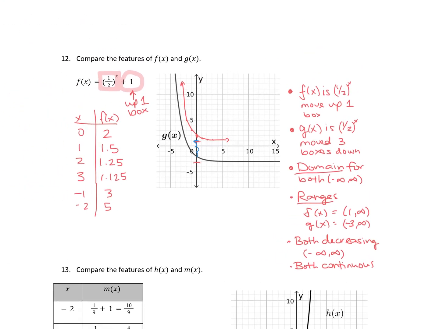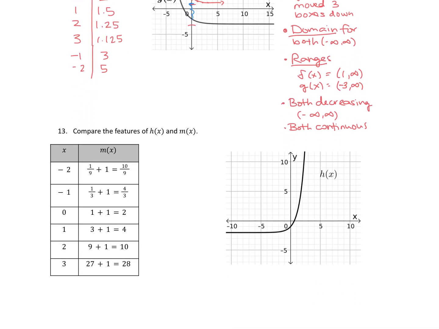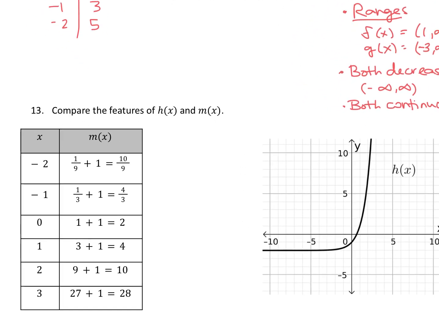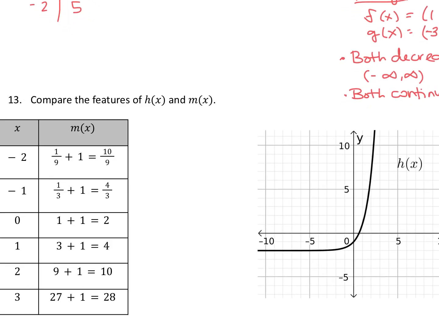All right, let's do 13 now. 13 says, compare the features of h of x and m of x. All right, so h of x is graphed, m of x we've got a table for, so that's nice. So why don't we graph m of x? So at -2, we're at 10/9. 10/9 is like 1.1, I think.